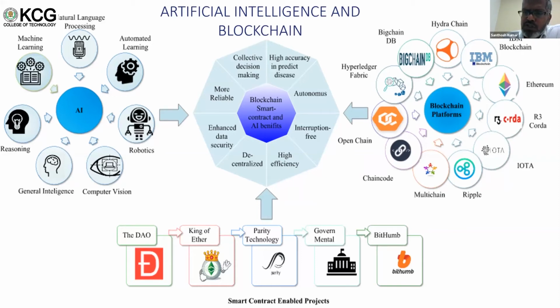If you look at blockchain, prominently, if I focus on smart contracts, you have decentralized mechanisms. You still need to have your network of blockchains.